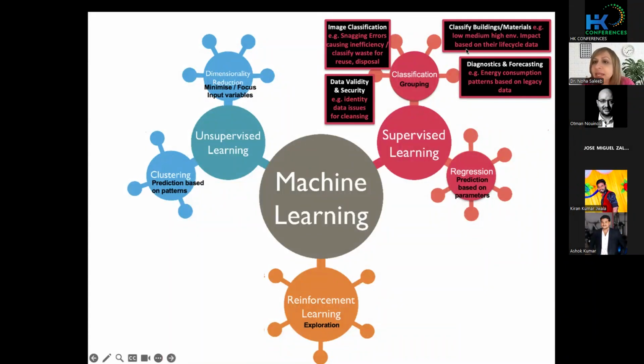For example, classifying the buildings or the materials in the buildings into low, medium, and high environmental impact. So that material or that building has a low, medium, or high environmental impact based on the data that we have on them.